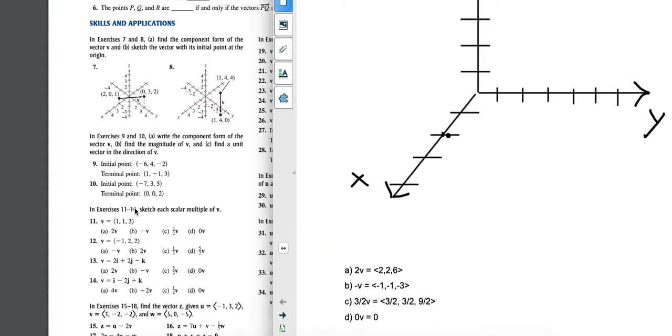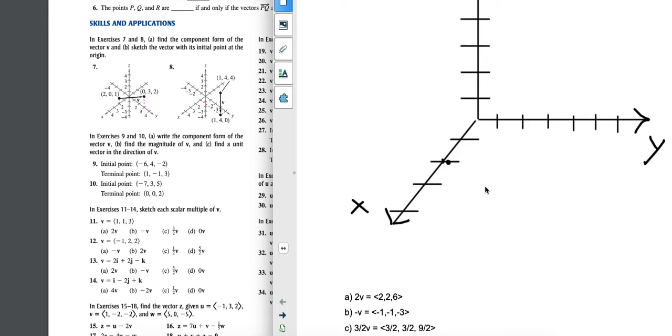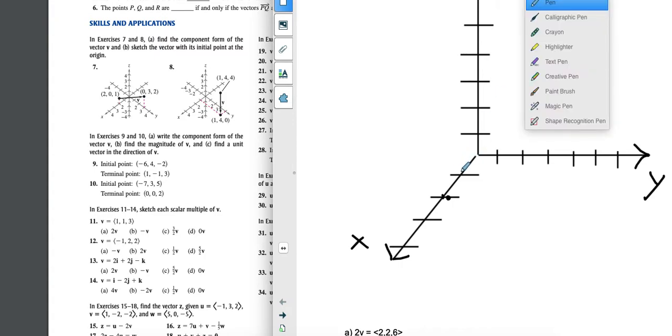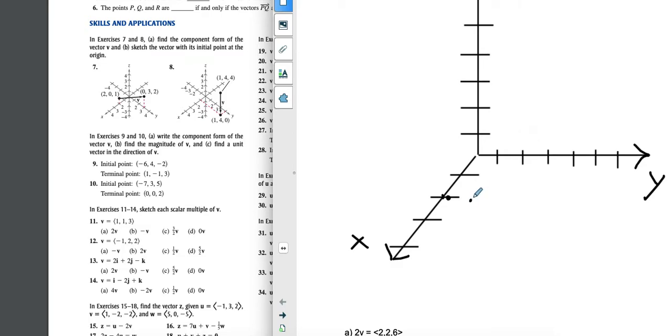Okay, so we're going to start each of these vectors at the origin. It's much easier to graph them. So this vector is going to start at 0, 0, 0, and go to 2, 2, 6. So hopefully you watched the last video on graphing these points. So 2 in the x direction, and then 2 in the y direction, and then 6 up.